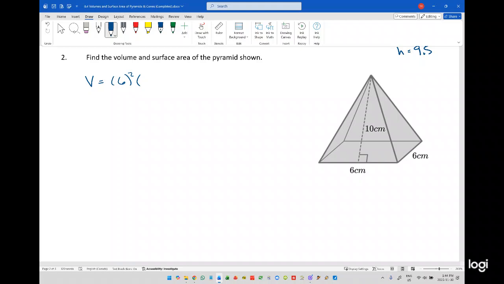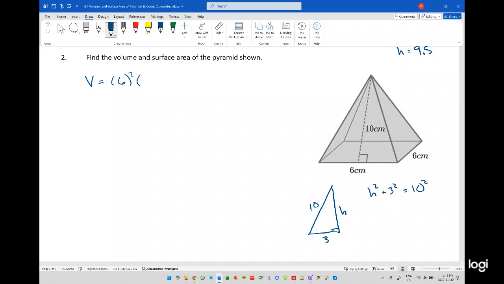So I'm going to draw a little diagram under here. And I know the slant height is L. And since the bottom has a base length of 6, it's going to be 3 to get to the middle of it. And then it would be 3 more if we wanted to do the rest of that triangle, but we don't. So to find the height, h squared plus 3 squared equals 10 squared.